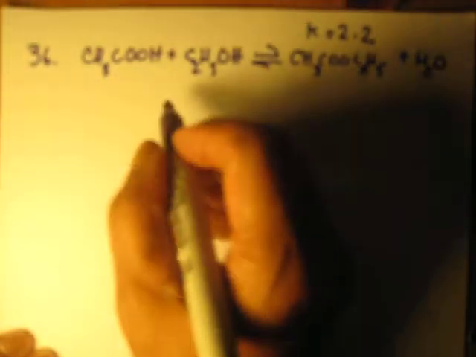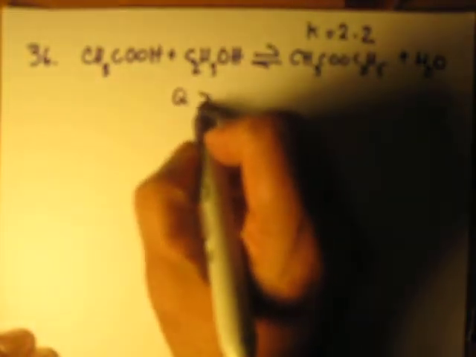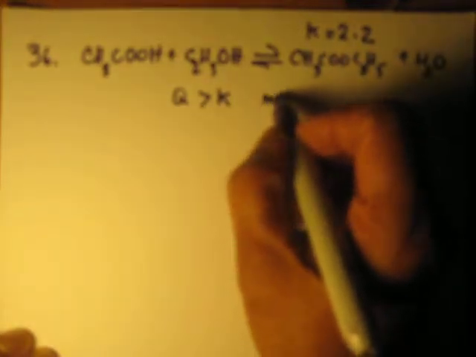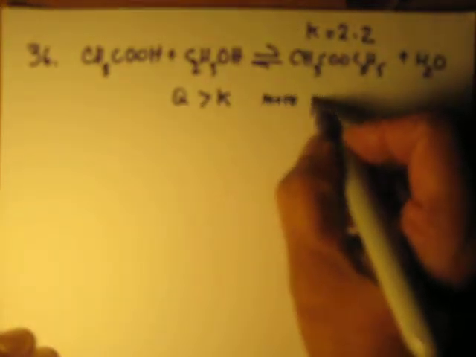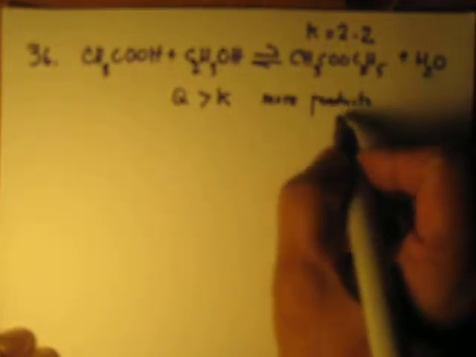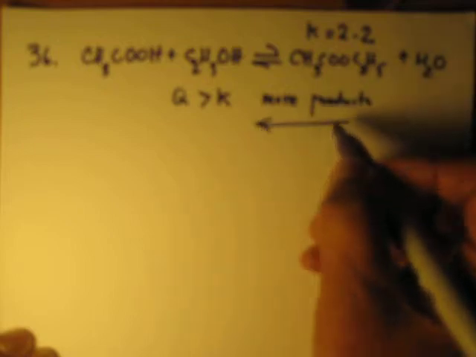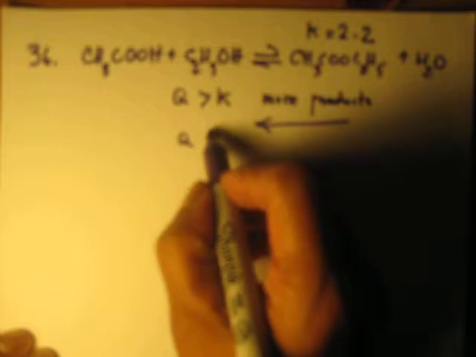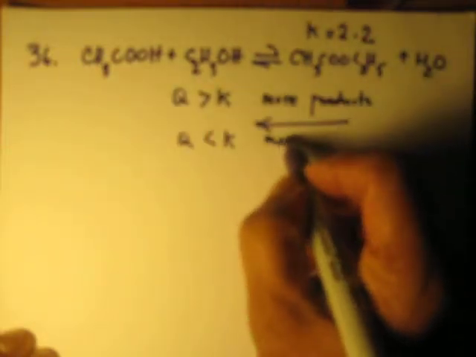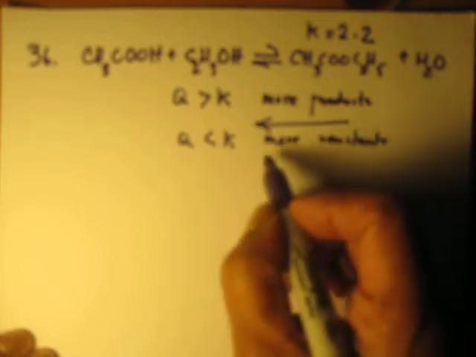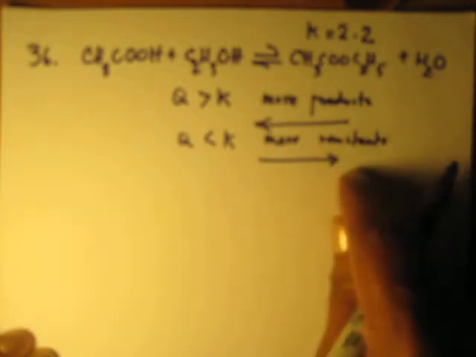Remember, if Q is greater than K, which means more products present, the reaction will shift to the opposite side, towards reactants. If Q is less than K, more reactants present, and the reaction will shift to the right, towards products.